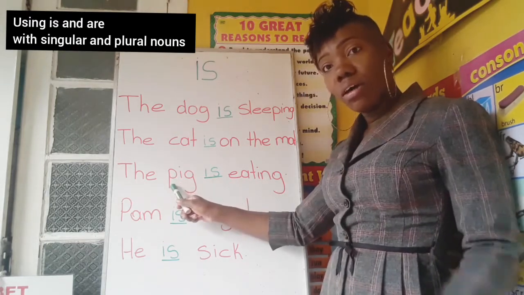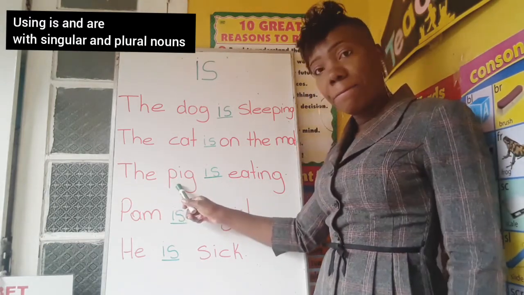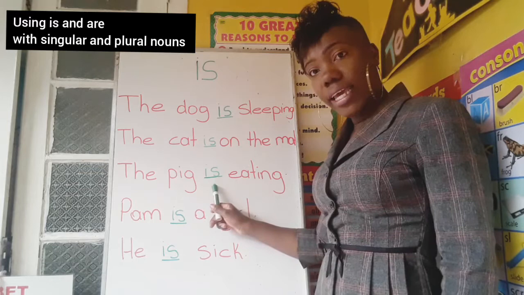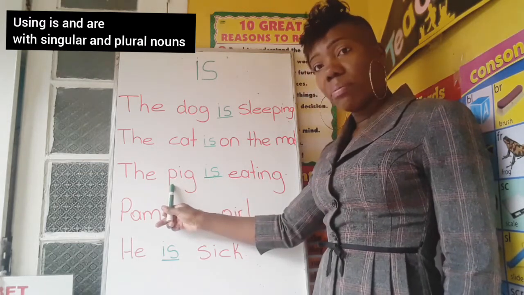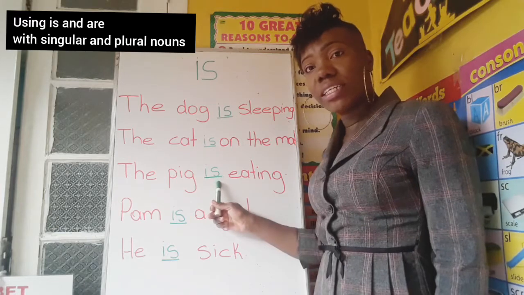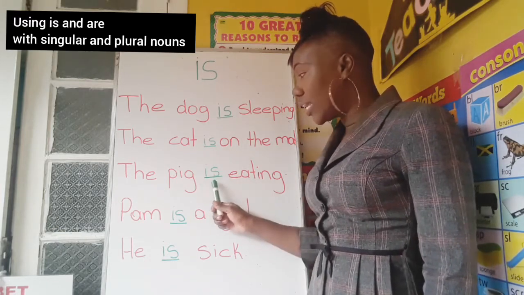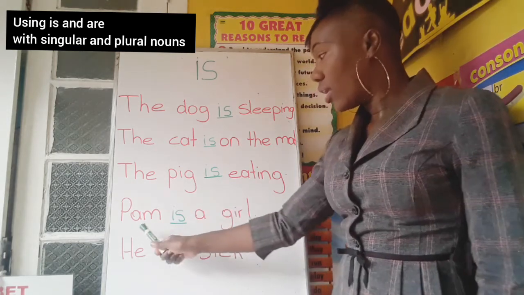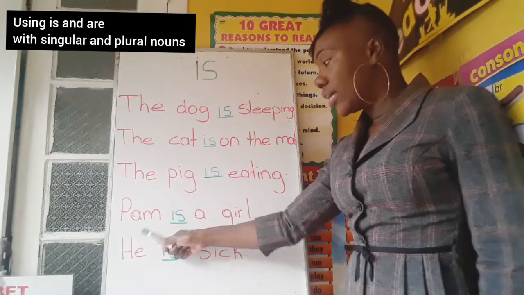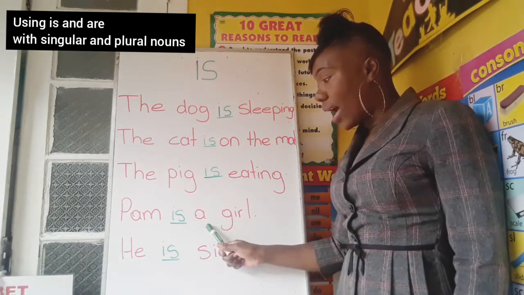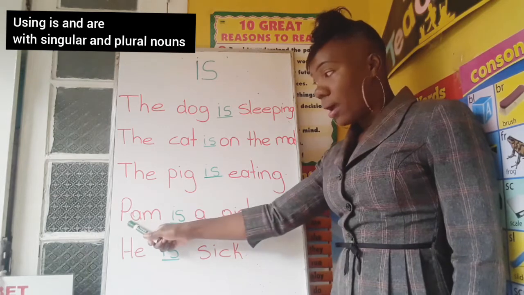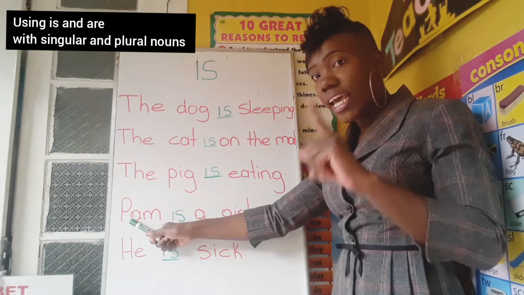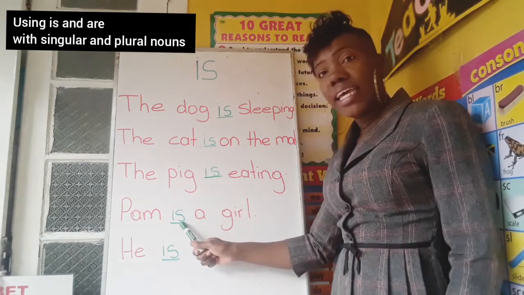How many pigs? One. Singular pig. Pig is. And we use is with the singular pig because that is how it is in the English language. You use is with a singular noun. Pam is a girl. Pam is how many persons right here? One. So she is singular. So you use is.